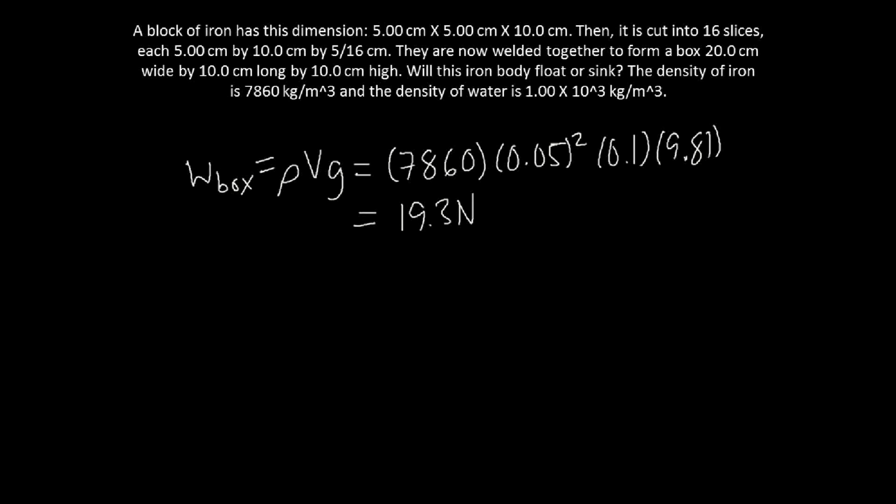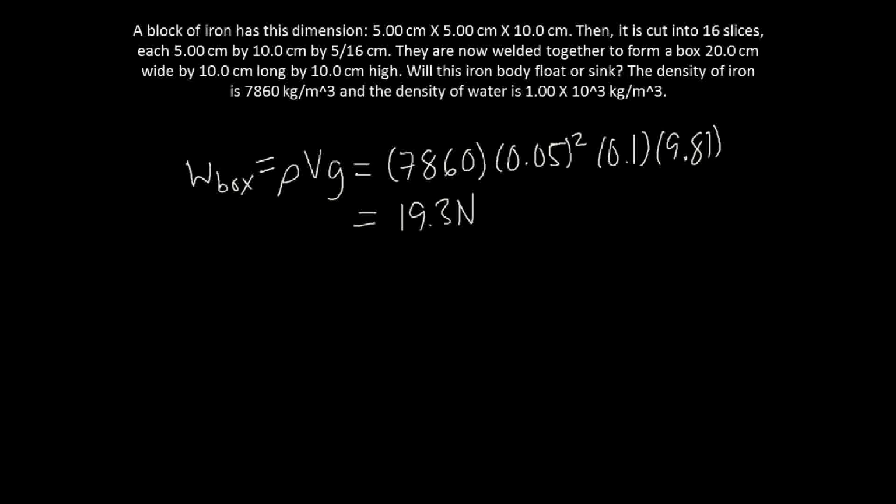Now the weight of the box will be equal here. Okay, so let us solve for the depth that the iron box must sink in order that the buoyant force be equal to the weight of the box.